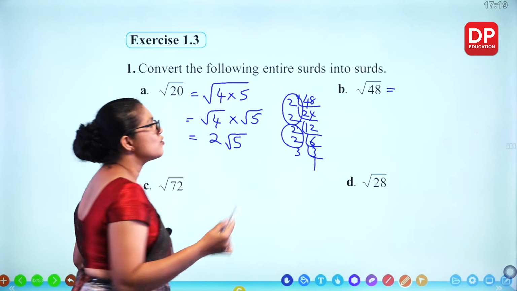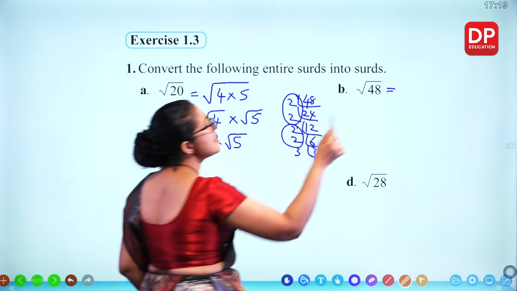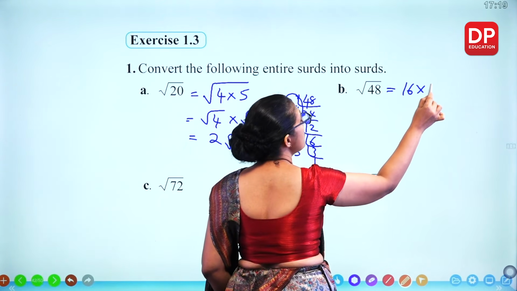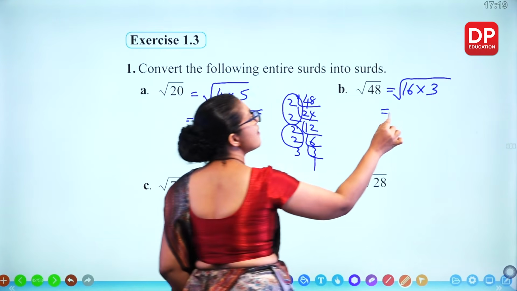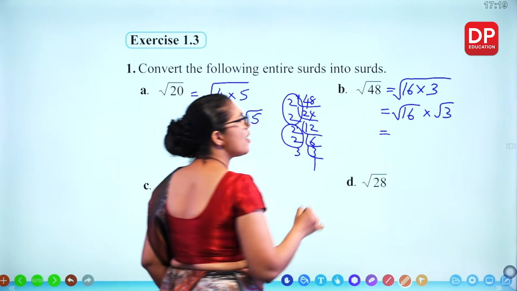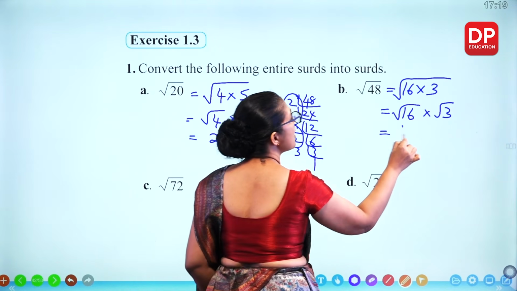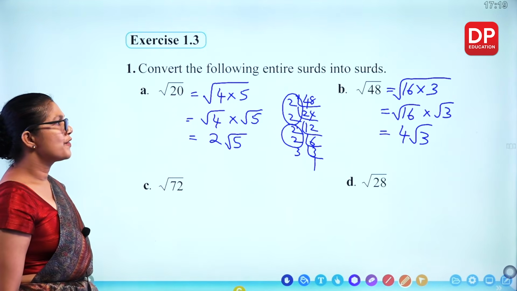This and this. 2 times 2, 4. 4 times 4, 16. So 16 is the square number. So 16 times 3. Then you can write down separately. What is square root of 16? You get 4. So we can write as 4 root 3.